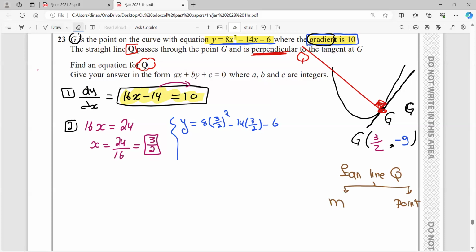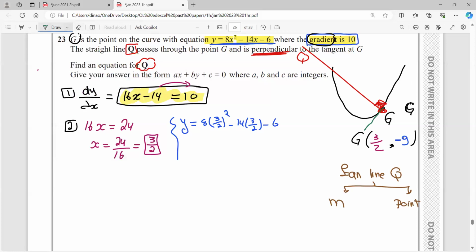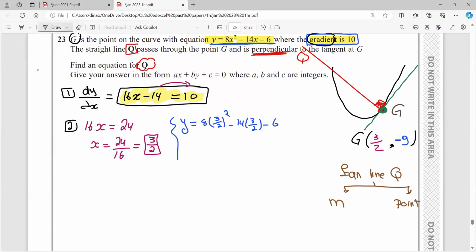Since the line intersects with the tangent at point G, I'm allowed to use point G in my equation. So it was right that we calculated point G fully. The point is 3 over 2 and negative 9.